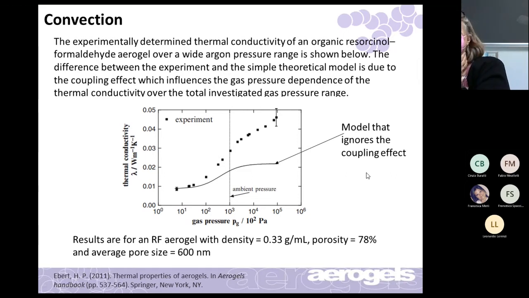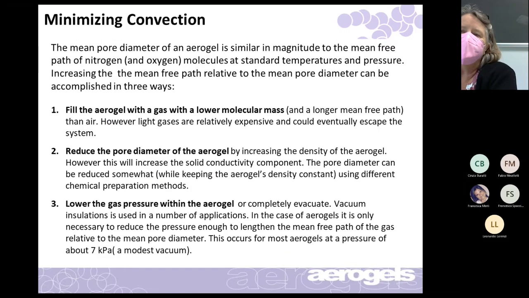So how can we minimize this contribution to the overall transport properties? The idea is that we want to increase the mean free path relative to the mean pore diameter. We can do this in different ways. You could fill the aerogel with a gas with a lower molecular mass, which will have a longer mean free path than air.